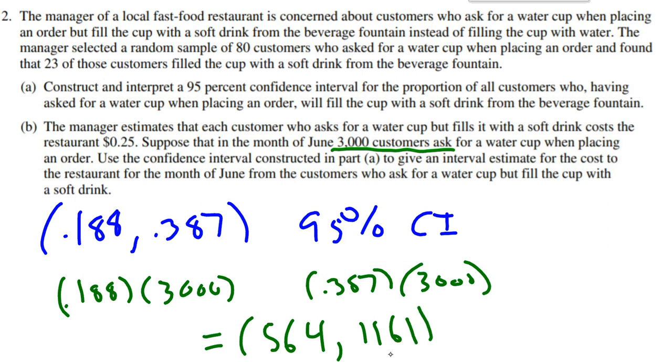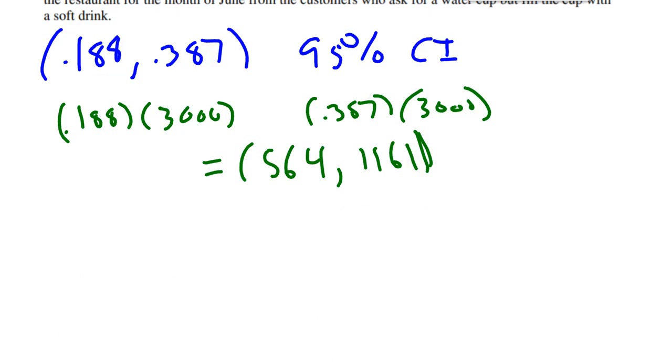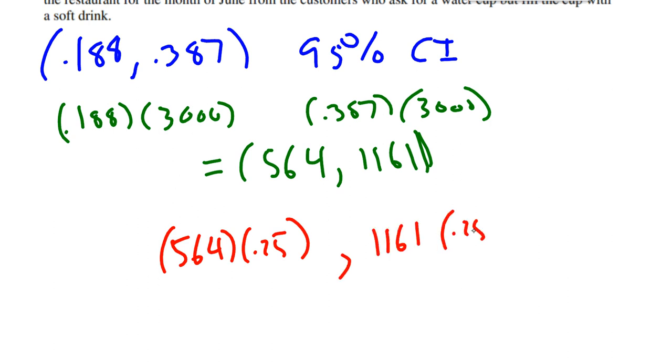So what do we know then? Each one of those customers costs the restaurant 25 cents. So now I'm going to take the 564 and multiply that by 25 cents per customer. And I'm also going to take the 1,161 and multiply that by 25 cents per customer. If I do that, I would get a confidence interval, which would give me an estimate for the amount of dollars the restaurant loses in this month.